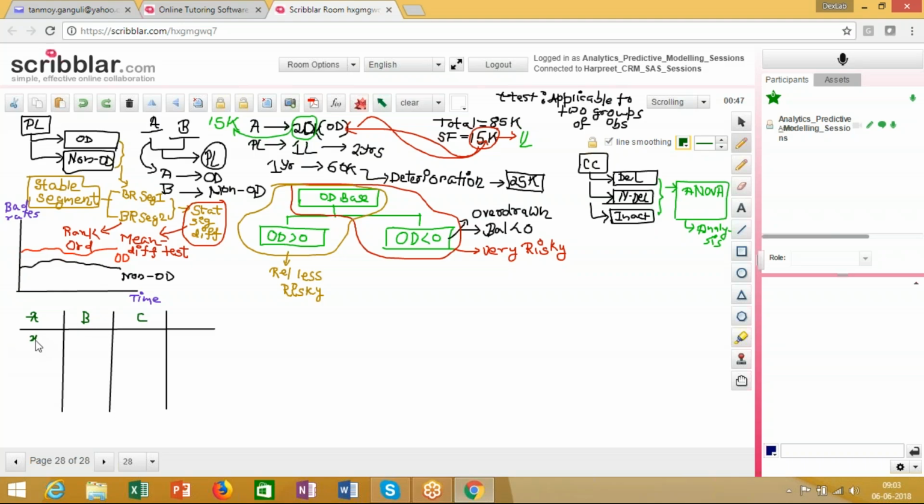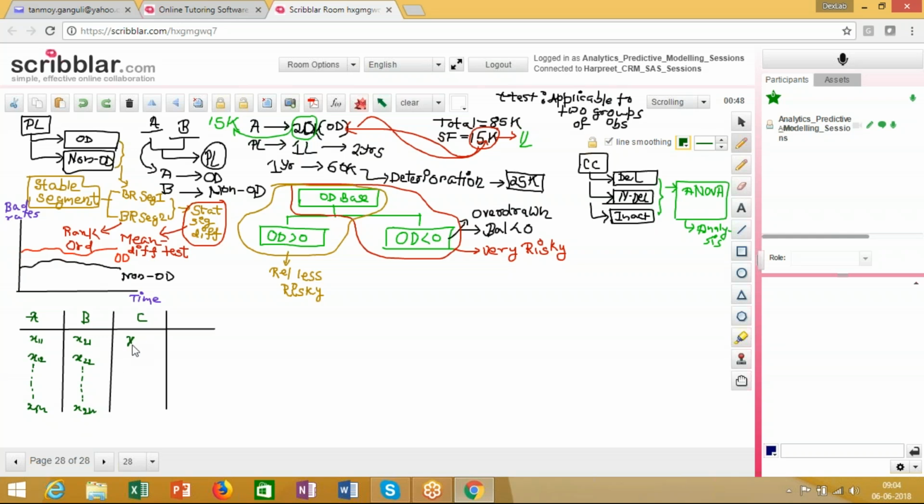So over here, say the observations over here are x11, x12, like this, x1n, x21, x22, x2n.